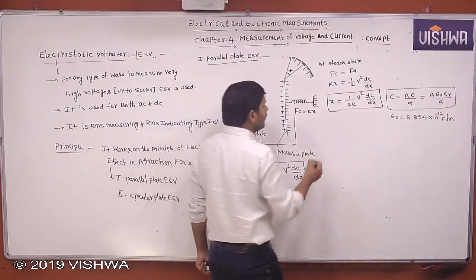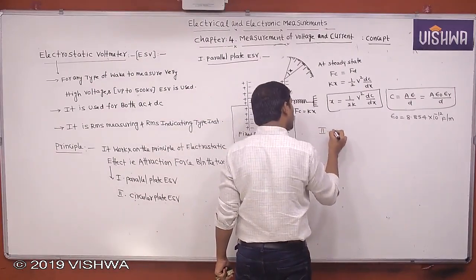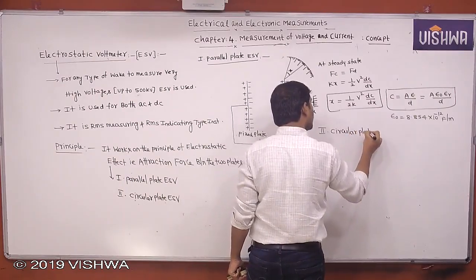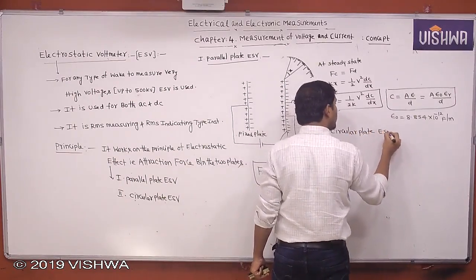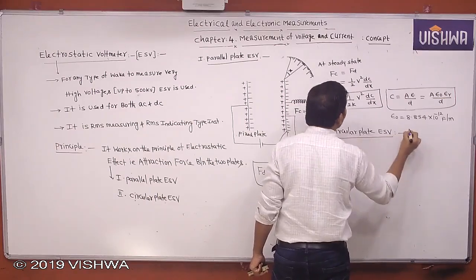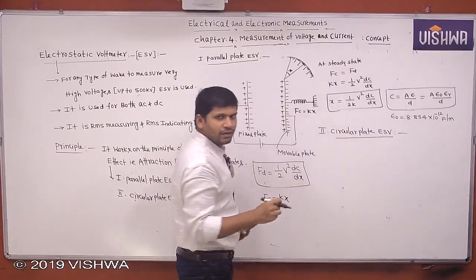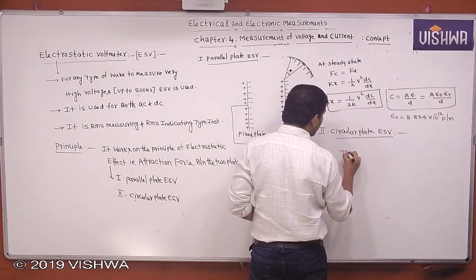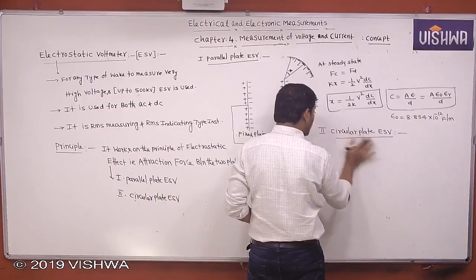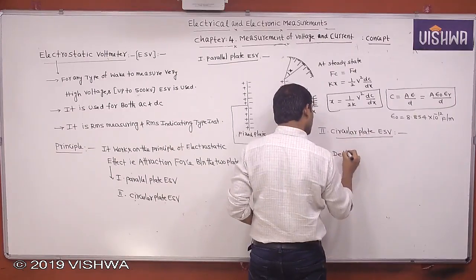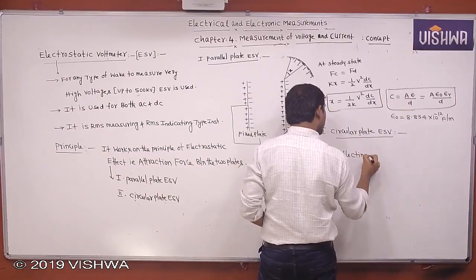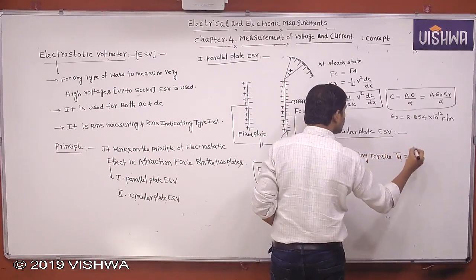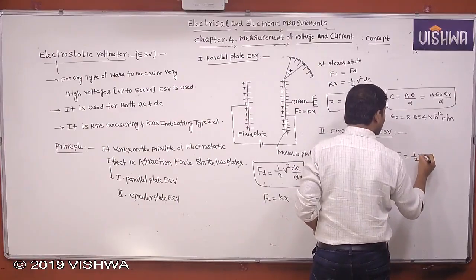Now with respect to the circular plate electrostatic voltmeter, here you take not the linear displacement but the angular displacement. Then what is the deflecting torque? This is a very important formula. I am not giving the derivation, no need of that. Deflecting torque Td equals half V square dC by d theta.